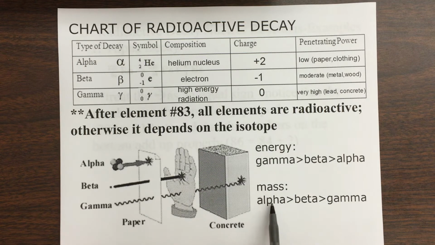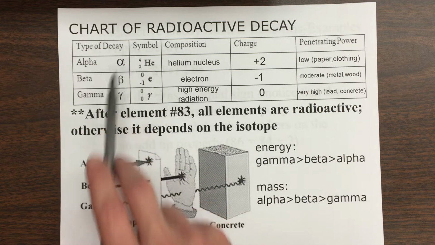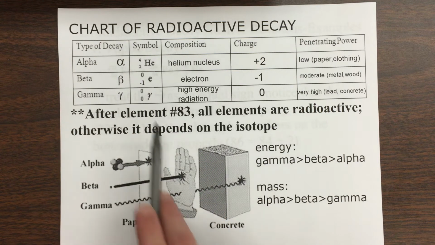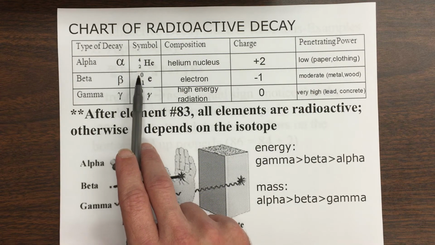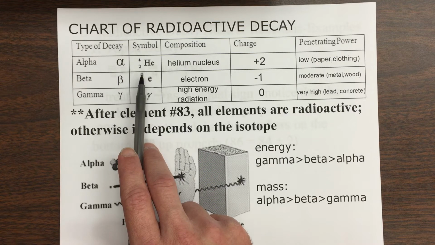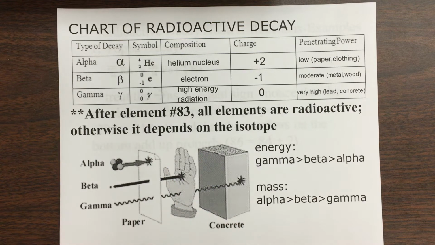So the more energy, the less mass, and vice versa. Alpha is the biggest, having a mass of 4. Beta is the next. We say 0 because that's 0 AMU, but it still has a very negligible weight, about 1,800 times smaller than the proton. And then gamma is last with no mass at all.